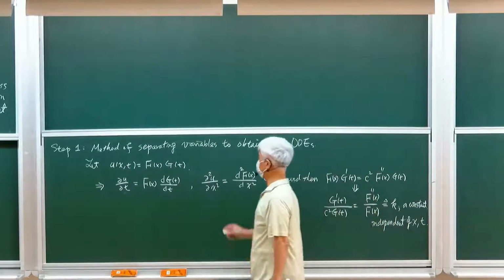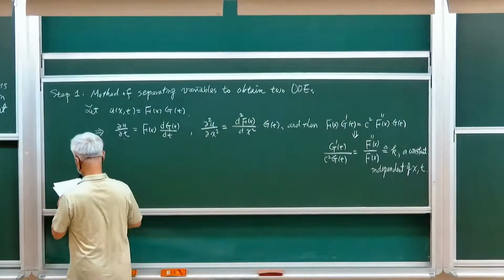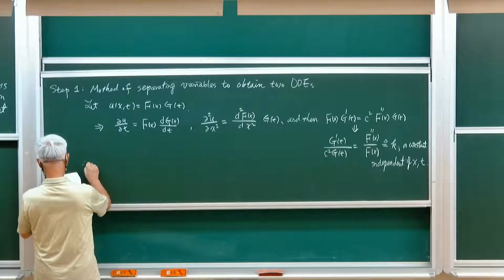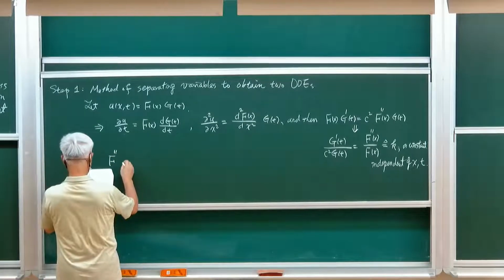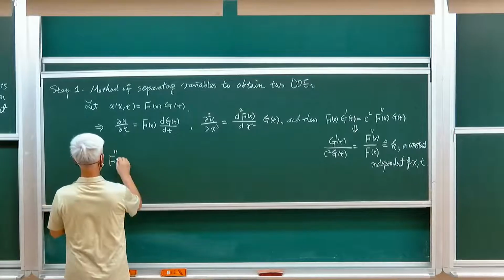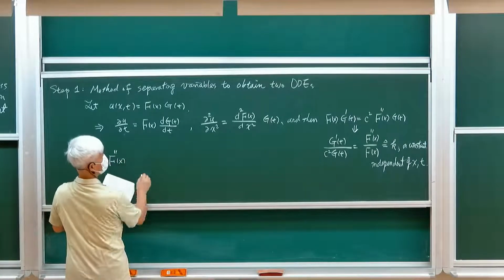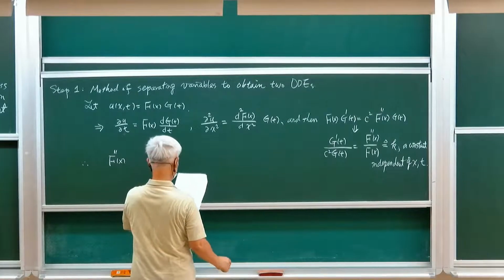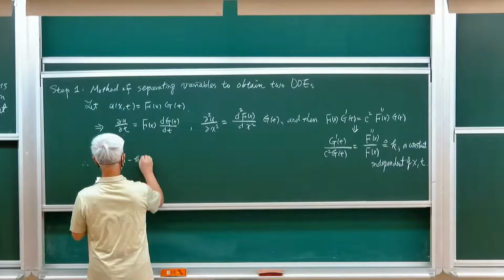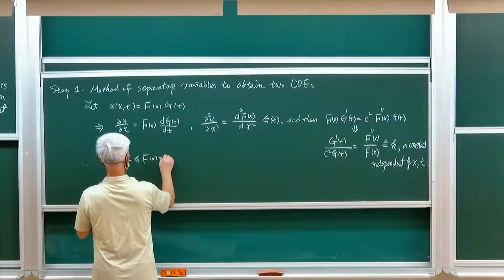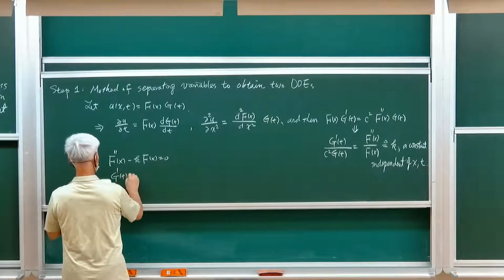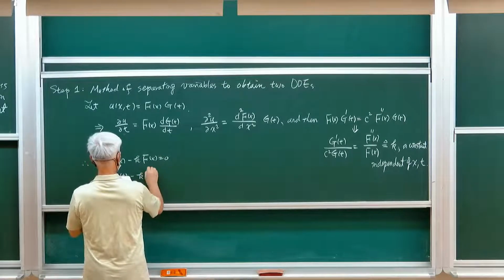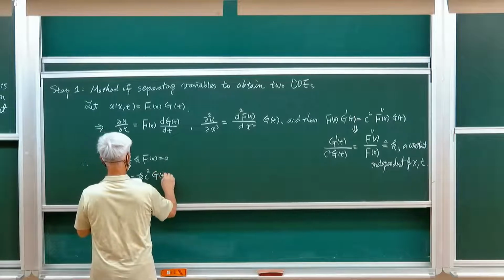And so now we have F'' minus k F(x) equal to 0, and G'(t) minus k c squared G(t) equal to 0.